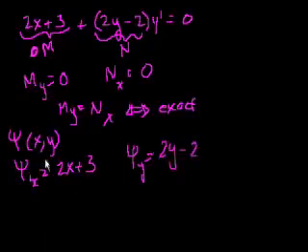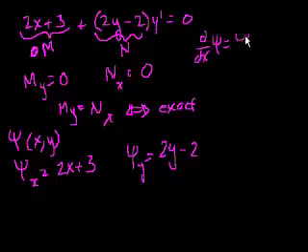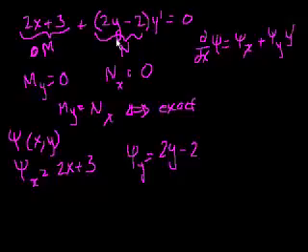And if we can find our xi, we know that this is just the derivative of xi. Because we know that the derivative with respect to x of xi is equal to the partial of xi with respect to x plus the partial of xi with respect to y times y prime. So this is just the same form as that.